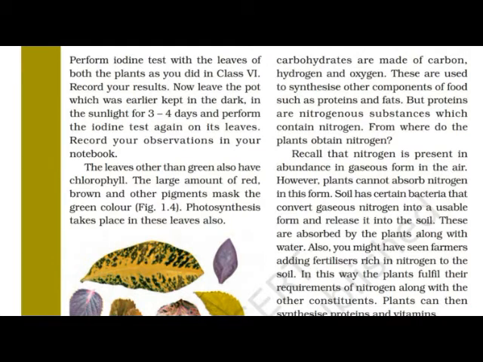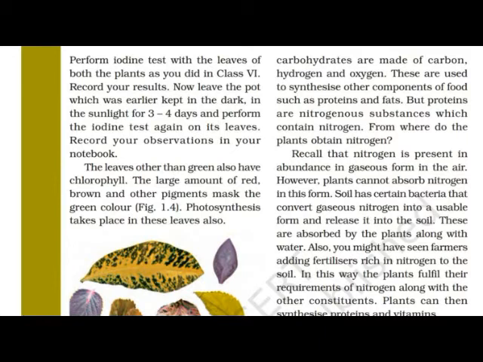And the second one, which is very common: the farmer adds the fertilizers into his field, and those fertilizers are rich in nitrogen. So in this way they provide the nitrogen to the field, means nitrogen is added to the soil by the farmers in the form of fertilizers.